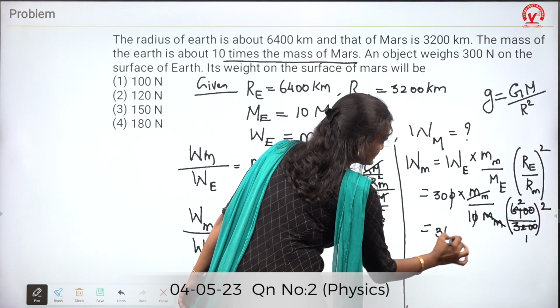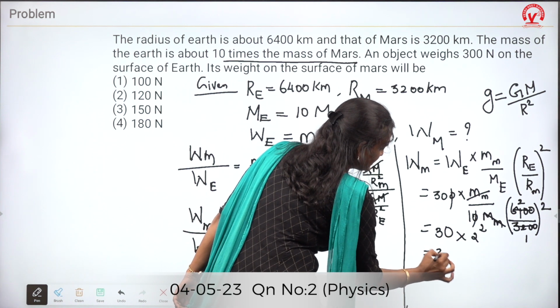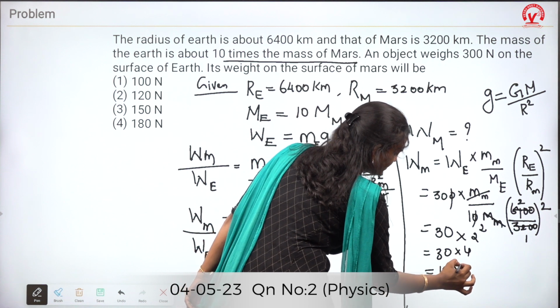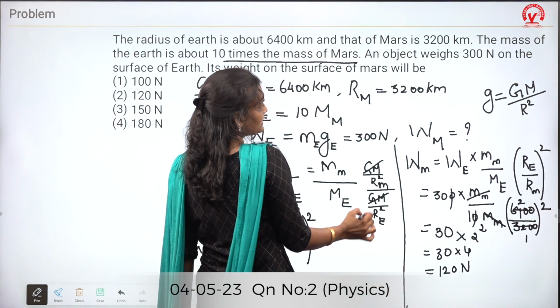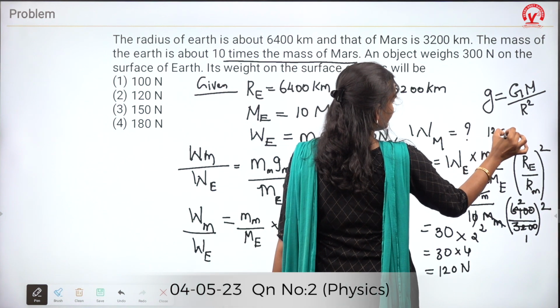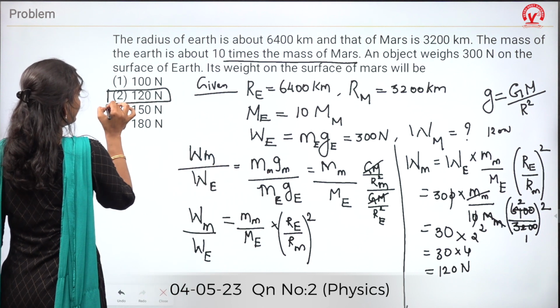Now this can be written as 30 into 2 square. So 30 into 4 is equal to 120 Newton. So the weight on Mars is 120 Newton. So the answer is number 2, 120 Newton.